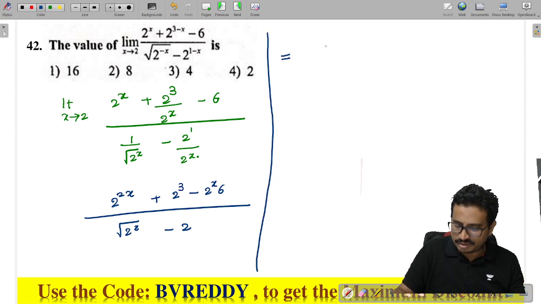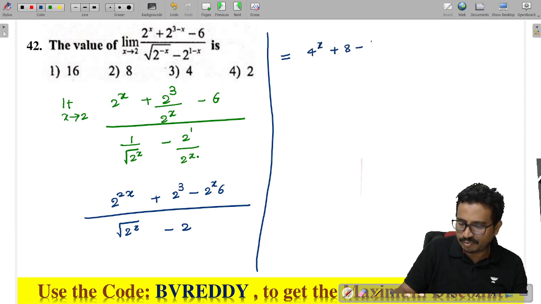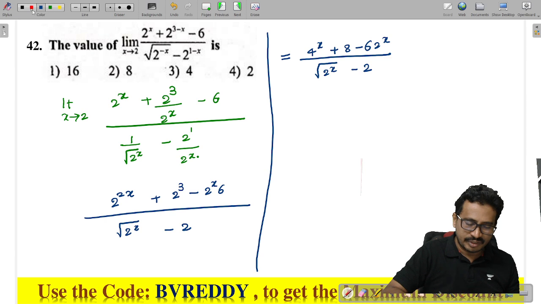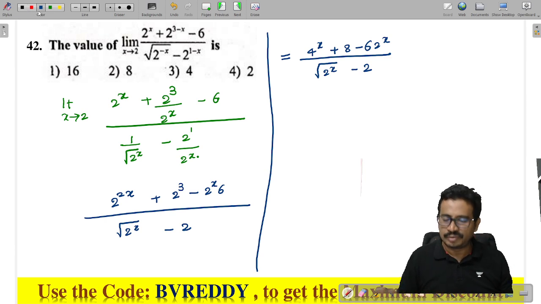So this means we get 4 power x plus 8 minus 6 into 2 power x, by square root of 2 power x minus 2. If I substitute the given x value here, directly we'll get 0 by 0 form.